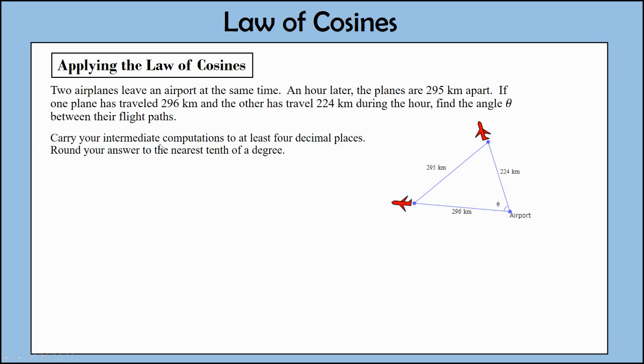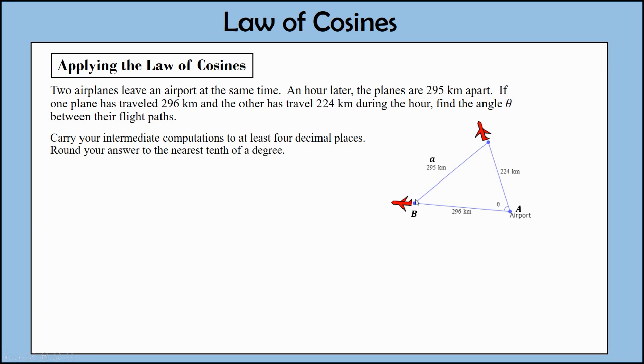So the first thing I want to do is take the triangle and label it so that we can tell what's what. I'm going to call the airport point A of my triangle. So this is vertex A. That's going to make this side the opposite side, which is the distance between the planes. That's going to make that the lowercase a. That's the side across from angle A. And then whichever one of these two you want to name B and C, it won't affect the outcome.